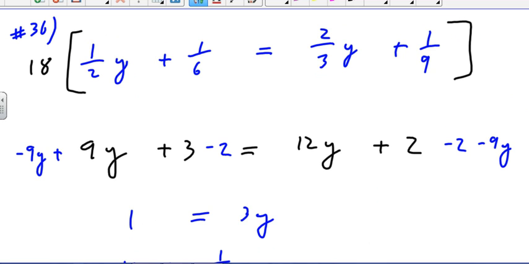Second function, numeric solve, and I've got a 1/2 times y plus 1/6, and then I have to do it again because I hit the clear button instead of the delete button. 1/2 times y plus 1/6 equals 2/3 times y plus 1/9. Alright, and I ask it to solve for me, and it tells me the answer is 1/3.